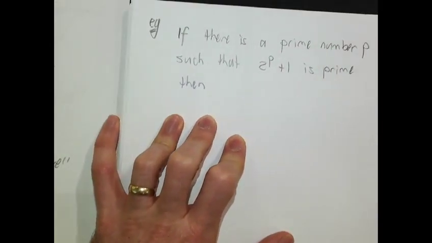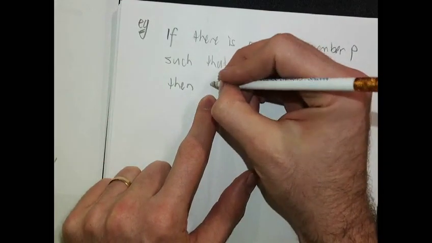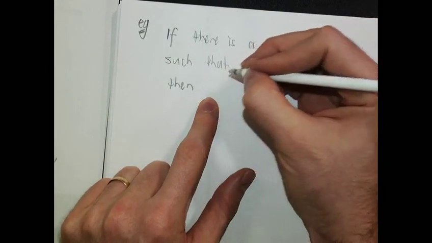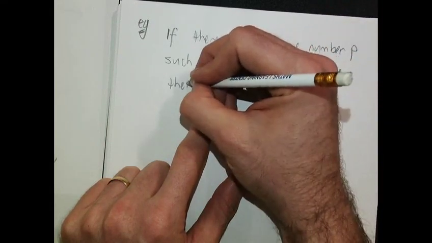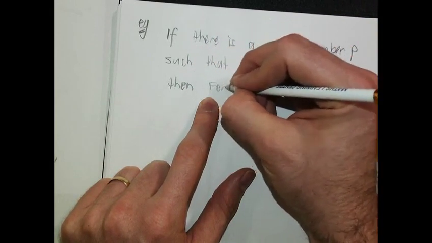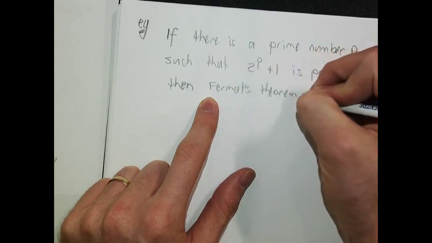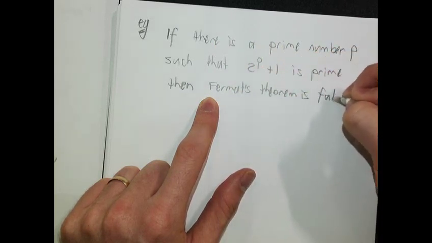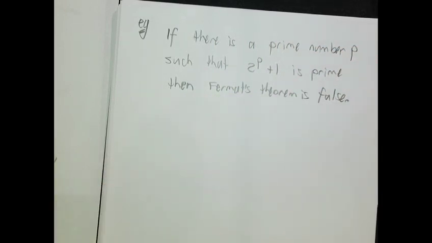So if there is a prime number p such that 2 to the p plus 1 is prime, then Fermat's theorem is false.